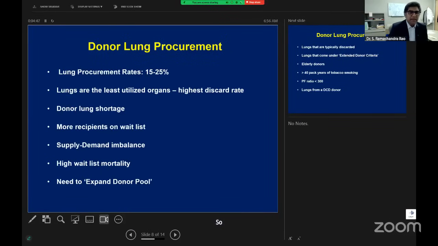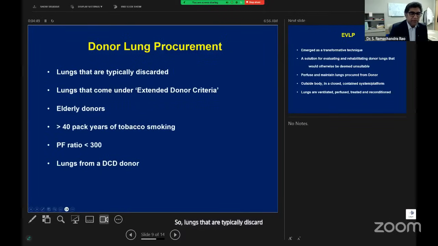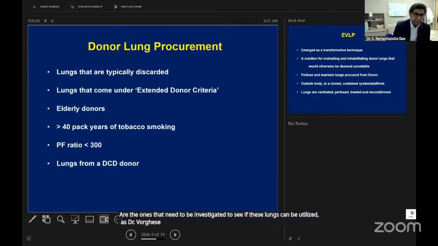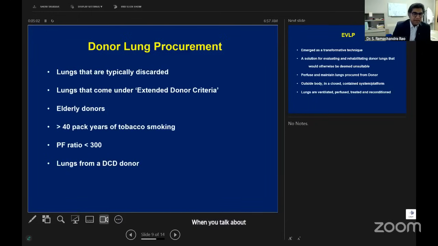So lungs that are typically discarded, that don't meet the standard donor criteria, are the ones that need to be investigated to see if they can be utilized, as Dr. Varghese has pointed out. When you talk about standard donor lung criteria, these are usually not too elderly donors, less than 40 pack years of tobacco smoking, a PF ratio that is very acceptable, greater than 300, and usually donation after cardiac death is avoided, as it is so impossible to predict how the DCD run goes.